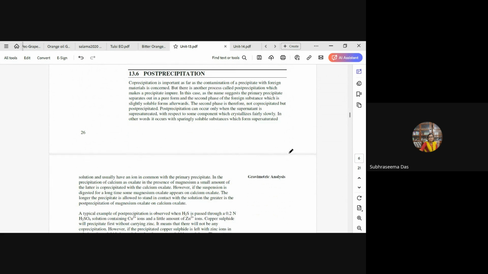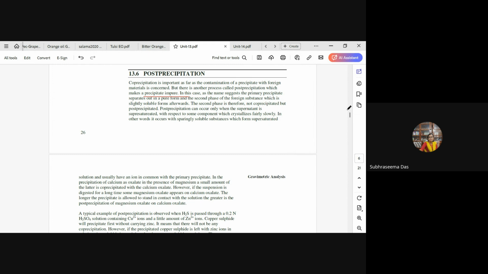Then there is another technique that is called post precipitation. Co-precipitation, we know, is a type of contamination, but it is also a useful process. There is another process called post precipitation, which makes a precipitate impure. As the name suggests, the primary precipitate first separates out in the pure form, but the second precipitate that comes out contains slightly other foreign substances.